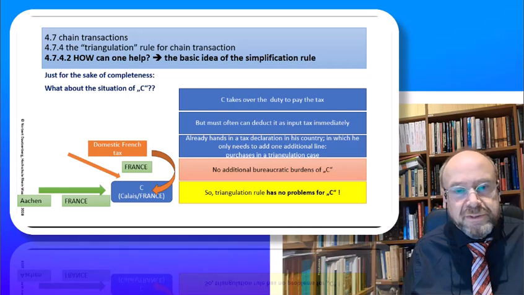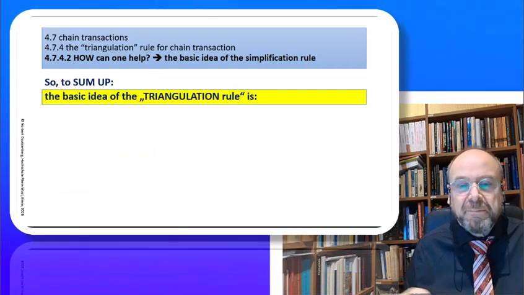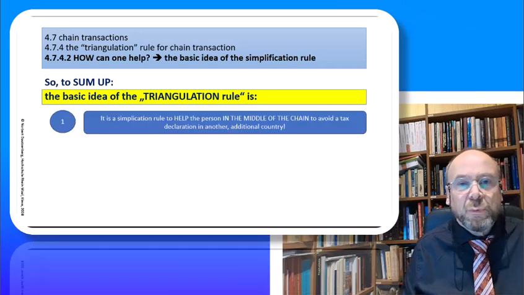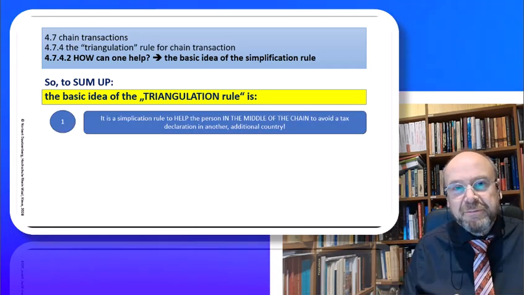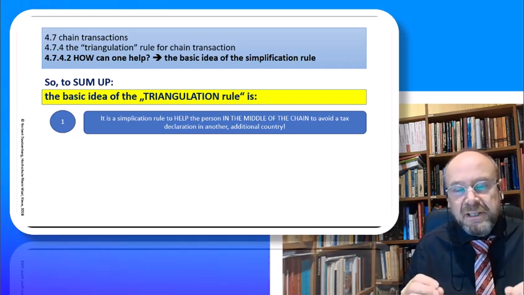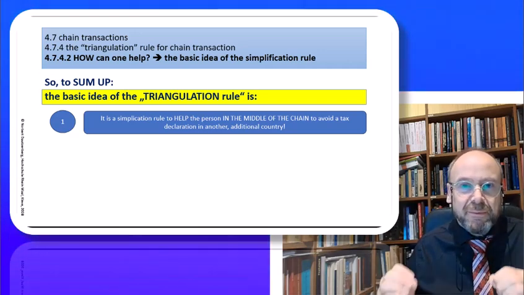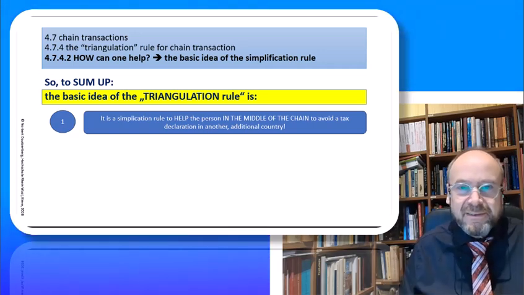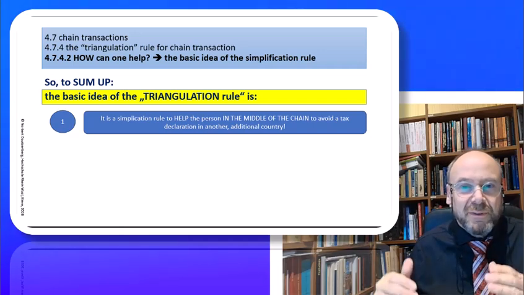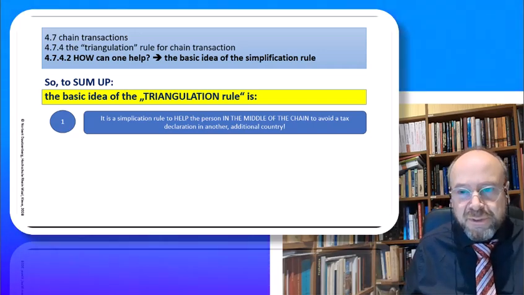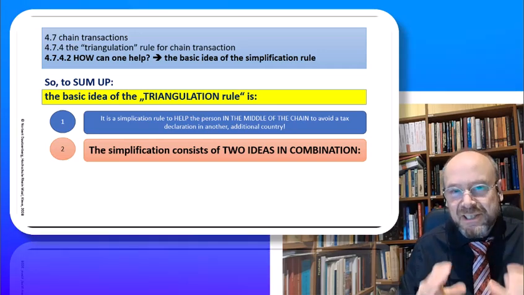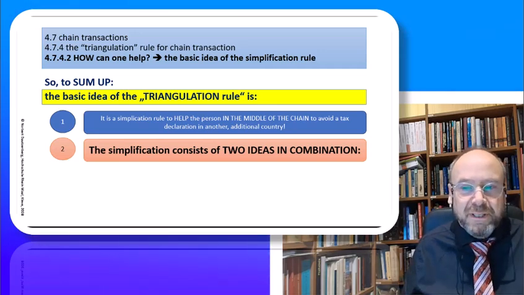So it works. So we can sum up the basic idea of triangulation cases: first, we want to have it as a simplification for the middle person in the chain. If that middle person in the chain ends up with having to hand in a tax declaration in a completely foreign country with which he or she has nothing to do until now, then we want to help them. So the simplification idea has just these two ideas in combination.